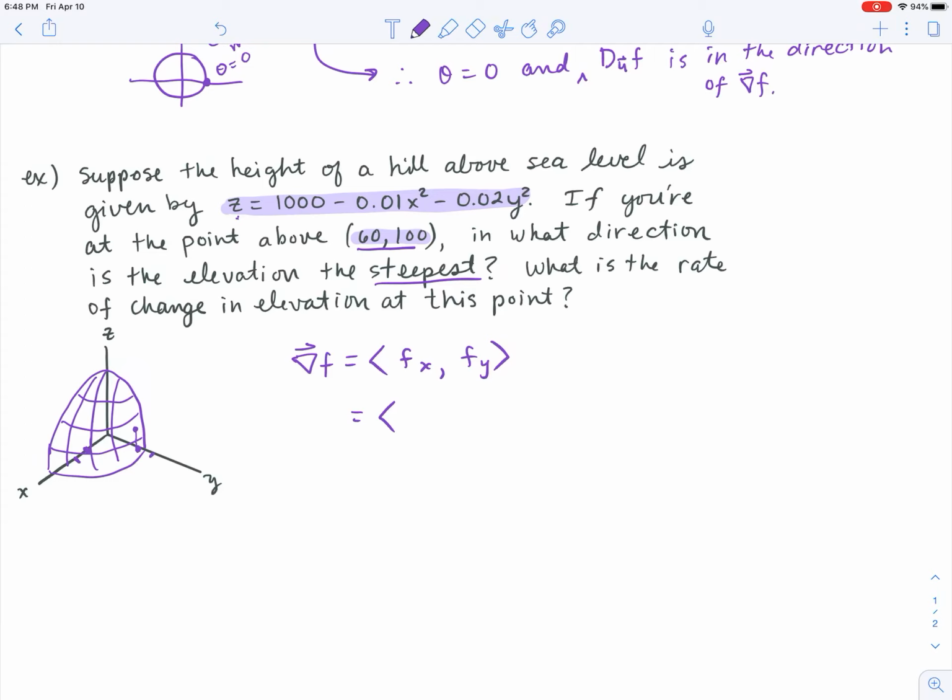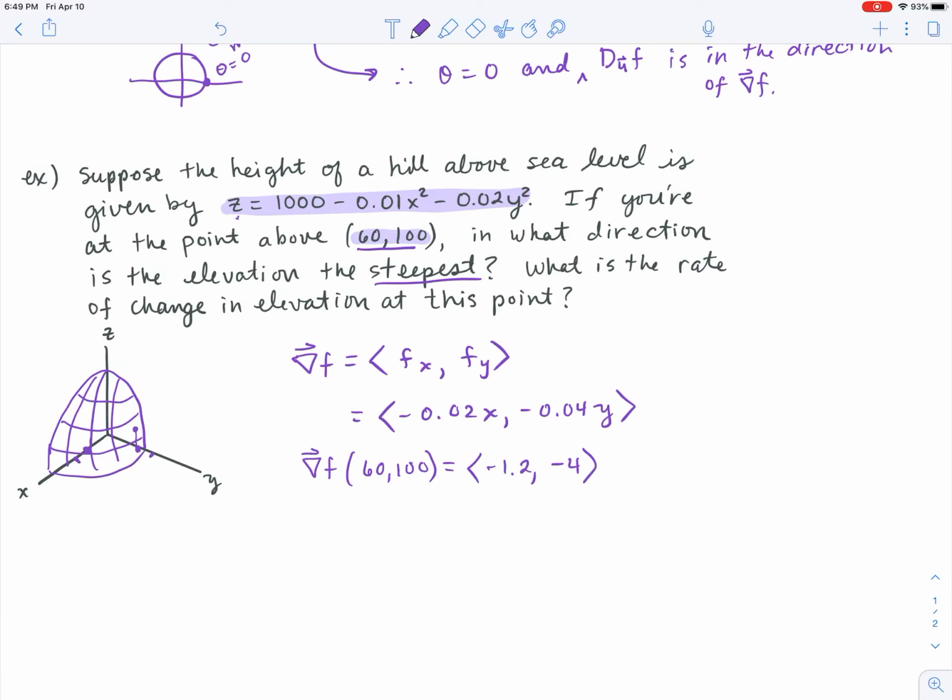So we're going to get negative 0.02x, and then the partial derivative of our hill with respect to y is going to be negative 0.04y. And then if we evaluate the gradient vector at our point, what we get is negative 1.2, negative 4.